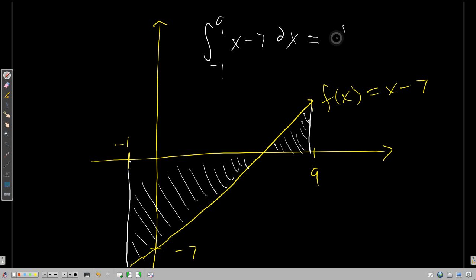Right? This will be 1/2 x squared minus 7x evaluated between -1 and 9.